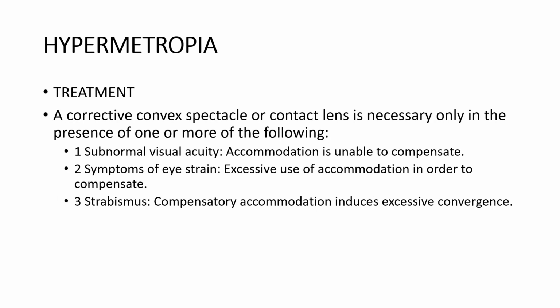So the treatment of hypermetropia: a corrective convex spectacle or contact lens, or we can also call it a plus lens, is necessary only in the presence of one of the following: when there is subnormal visual acuity, so accommodation is unable to compensate for the hypermetropia; if there are symptoms of eye strain due to the excessive use of accommodation to compensate for the hypermetropia; or when there is strabismus, so that the compensatory accommodation induces excessive convergence.